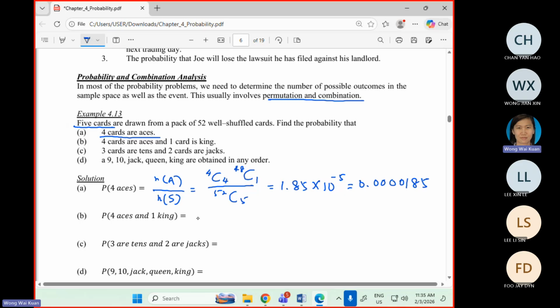Okay? Now, what about B? 4 aces and 1 king. What are the chances? 4C4 and 4C1 over 52C5.